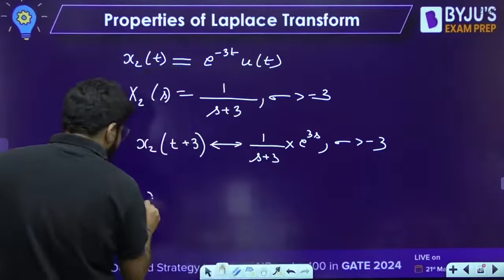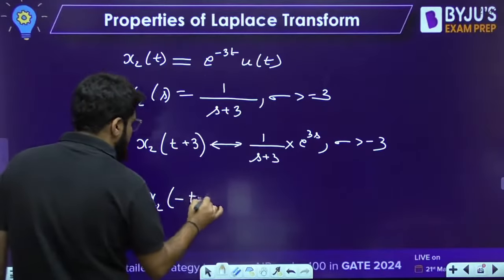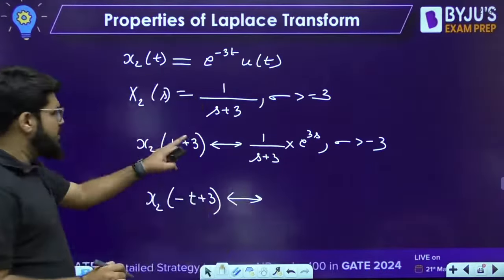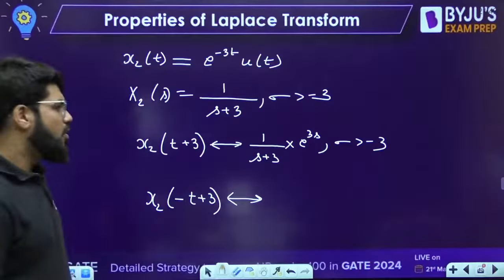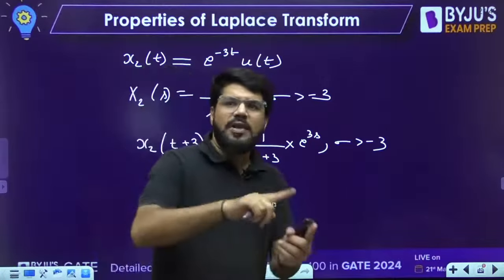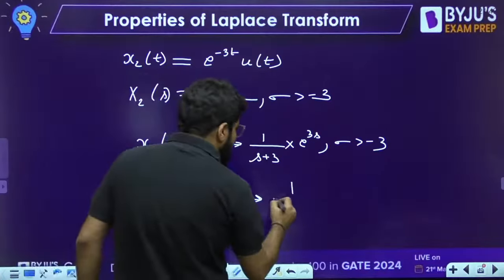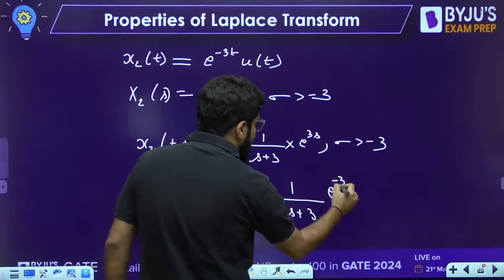But now when I talk about x2(minus t plus 3), instead of t plus 3, minus t plus 3 means time folding has been involved. What is the time folding property? When you time fold, the Laplace transform is also folded, X(minus s). So here I will get minus s plus 3 and here also e power minus 3s.